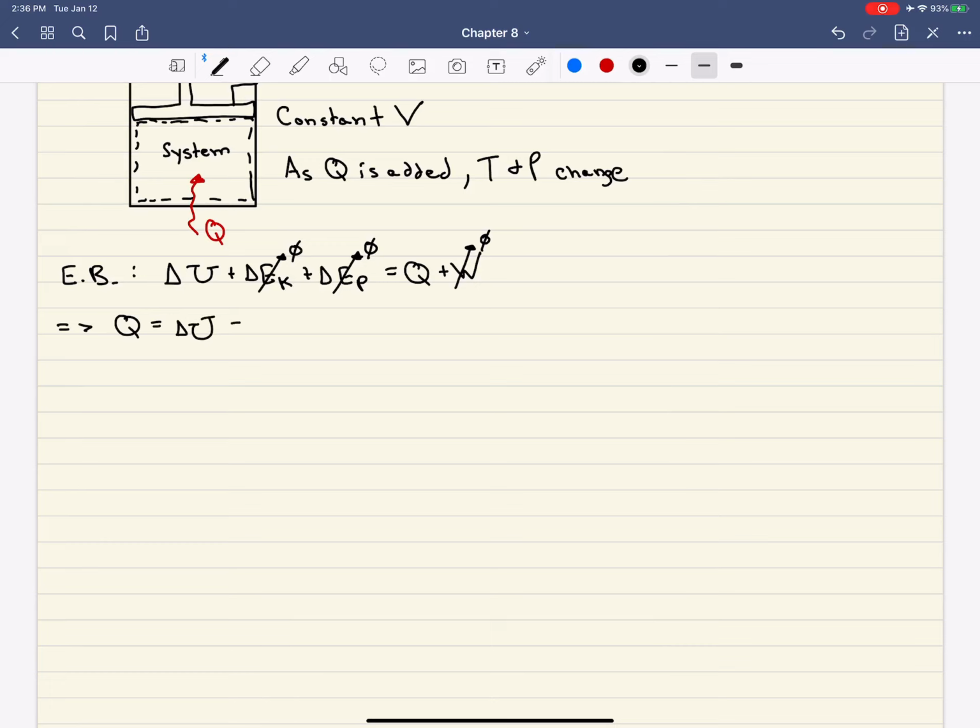What we'll now do is divide both sides by the mass of the system. And that way we get a specific heat equal to a specific internal energy. So now let's go back to our heat capacity definition from the previous video.